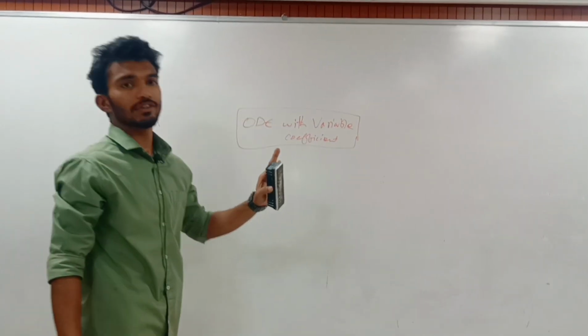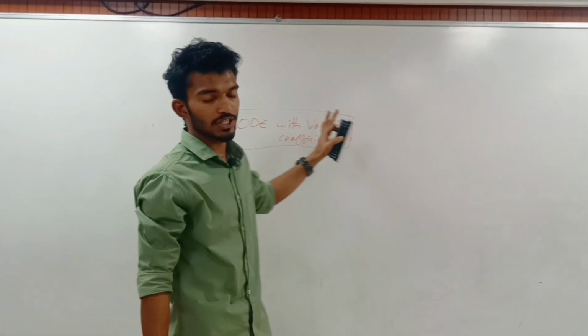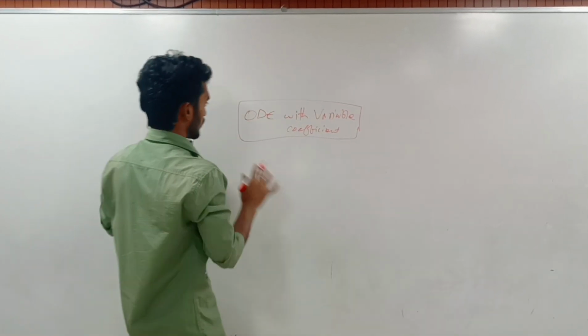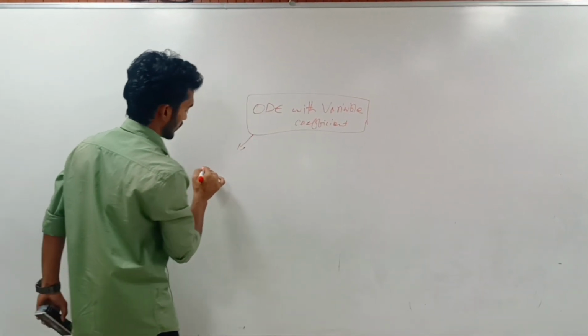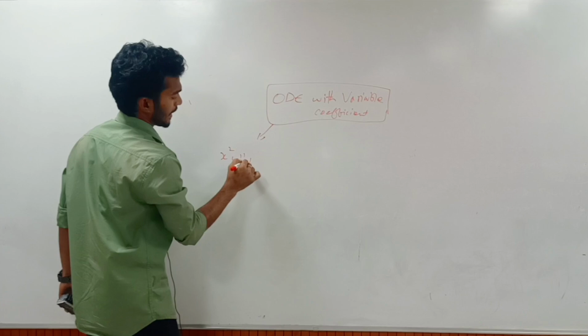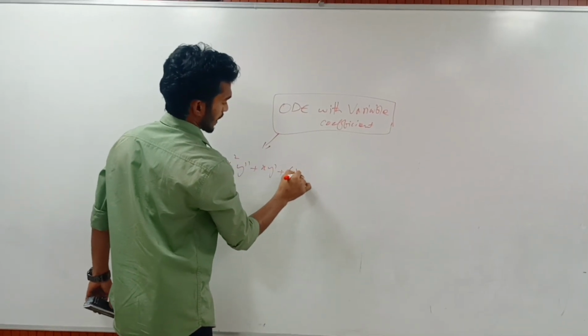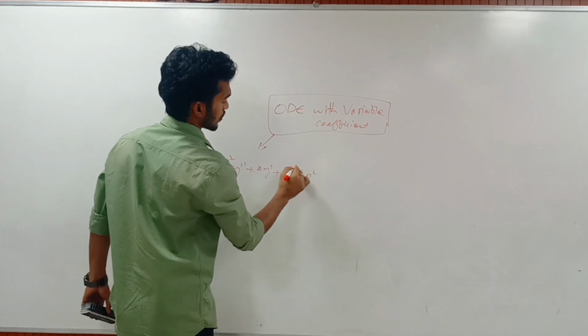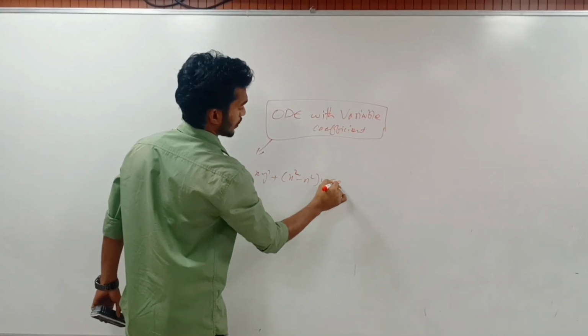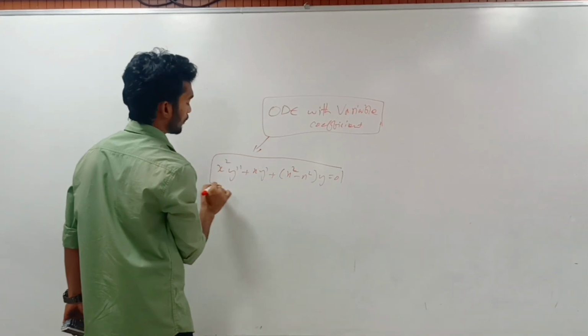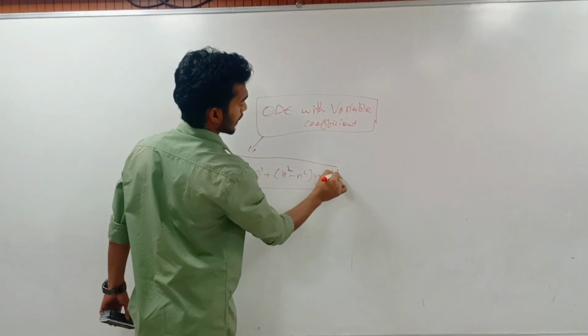There are two standard forms of ordinary differential equation with variable coefficients. They are x²y'' + xy' + (x² − n²)y = 0. It is one of the standard forms which we come across.